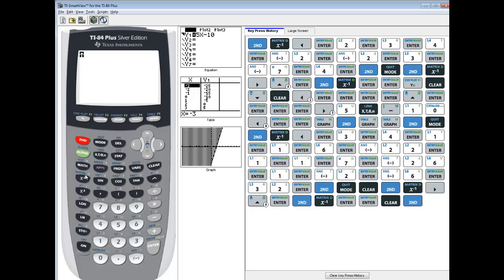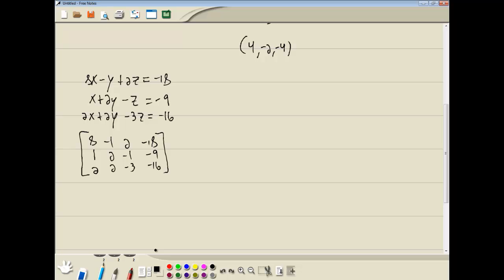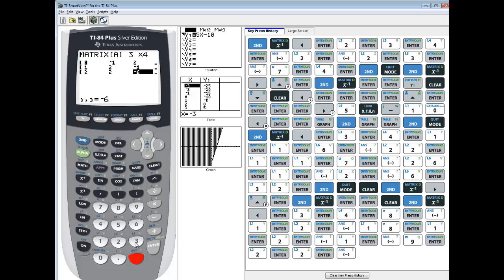Let's go matrix menu, second, x to negative 1. Go over to edit, enter on A, still a 3 by 4. Then we got 8, negative 1, 2, negative 18, 1, 2, negative 1, negative 9, 2, 2, negative 3.